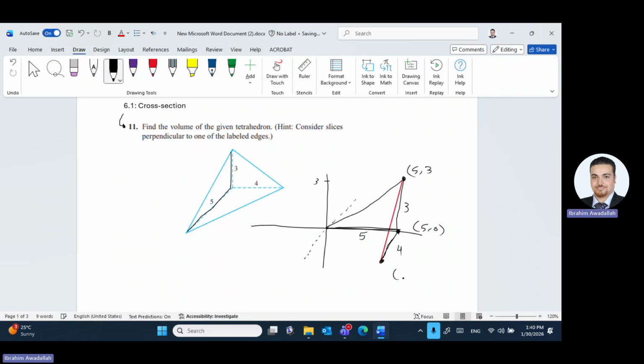So this point will be x equals 5, and 0, and 4. Or I can name this x and y, make it 4, easier to understand. By the way, this is x and y, so this will be x and z, sorry.